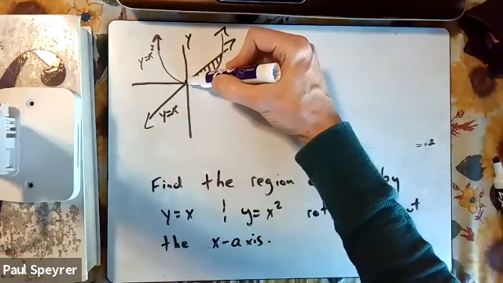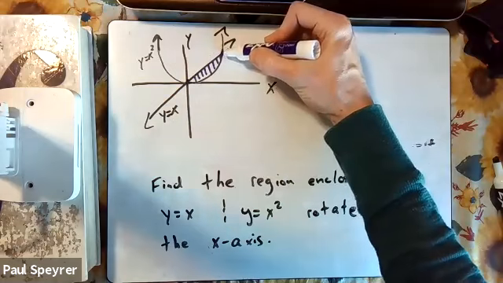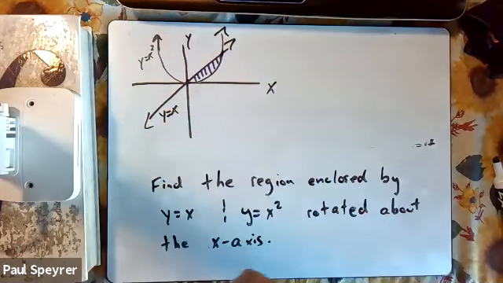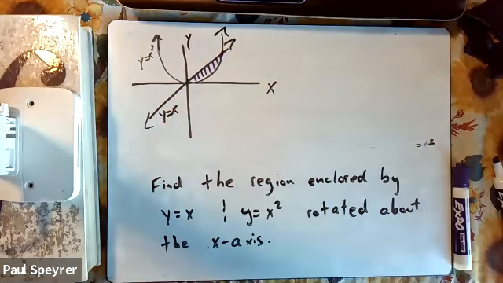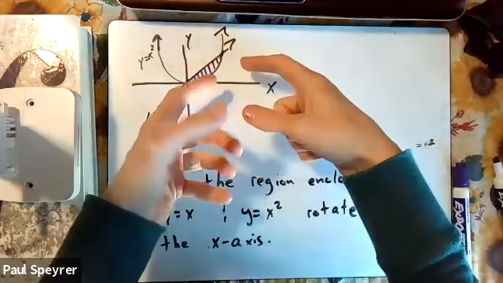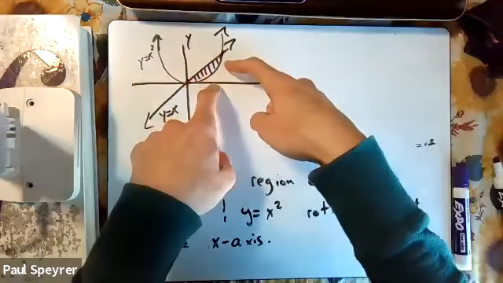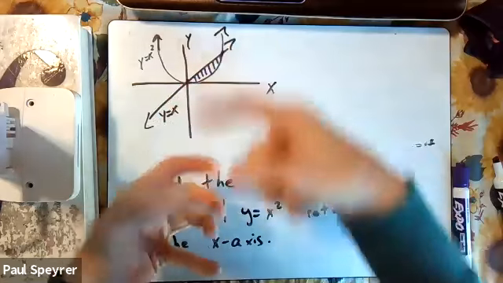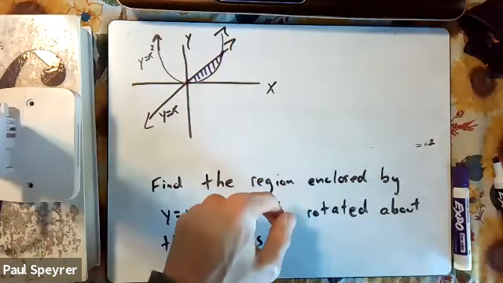So basically, we're looking from here to here, right? And it's asking us for the volume of this region when we rotate it around the x-axis.